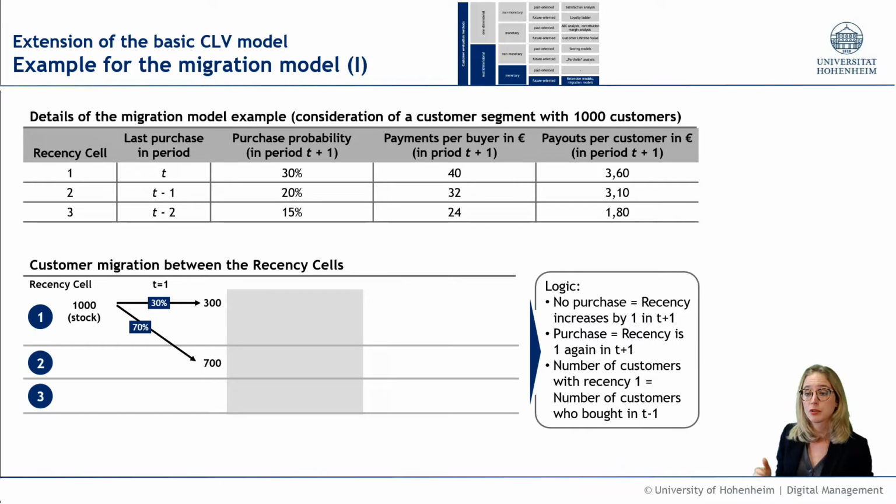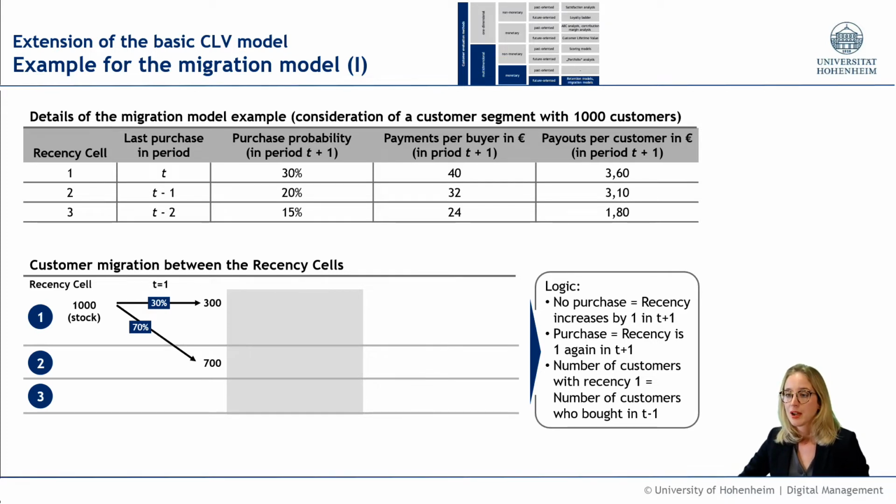So only 30% of those 1,000 customers will buy in T1, whereas 70% of those 1,000 will not buy in T1. The 70% is just the result from 1 minus 30%, yielding 70%. So that's a very simple calculation. So in T1, we suggest that 300 customers will rebuy, whereas 700 customers won't rebuy.